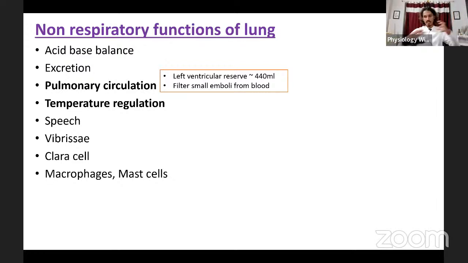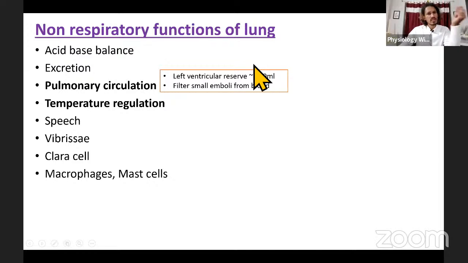So it's a large area where you can actually store an amount of blood, so that whenever your left side of the heart requires a little extra, you can compensate and pull a little extra. So this is acting as a reserve volume for the left ventricular system. Up to 440 ml of extra blood can be there in this pulmonary circulation. So that is one specialty of pulmonary circulation.